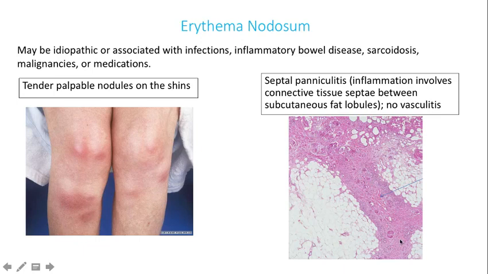The type of inflammation will vary depending on the stage of erythema nodosum, but the key here is that it's a septal panniculitis. And by septal panniculitis, I mean that it's this connective tissue septum that's predominantly inflamed, not the fatty lobule out here. Okay, and there's no vasculitis in erythema nodosum.